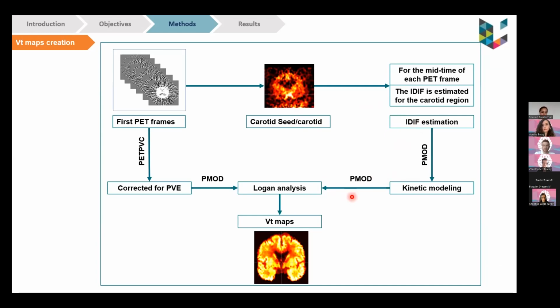In PMOD software, Logan graphical analysis is done on the PET scans that were corrected for partial volume effect. And in the end, we get VT maps that show the distribution of the radioactive compound in the brain. All VT maps are brought to MNI space.